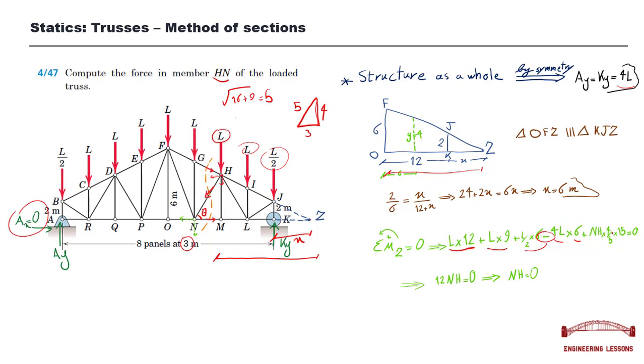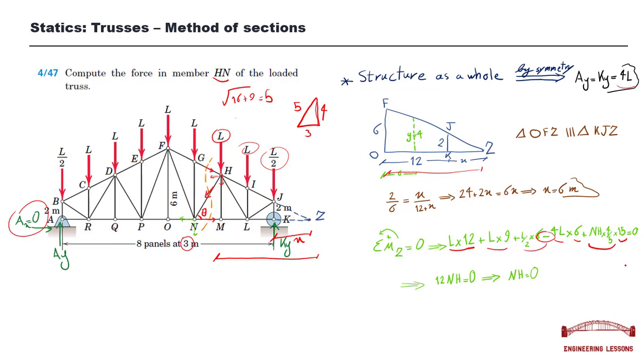So right now we know that the vertical component of Nh is Nh times 4/5, and times 15 meter. We can calculate the amount of moment caused by this force about point Z, and that's it.